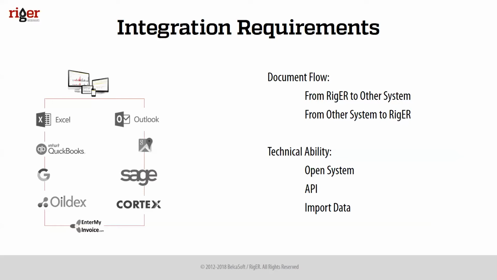For example, a traditional accounting system has no start and end date of the service. And in RigER invoices for rental purposes, we have start and end dates. In this case, this information should be transferred to a different field, say, a comment, converted to text format and edited there.